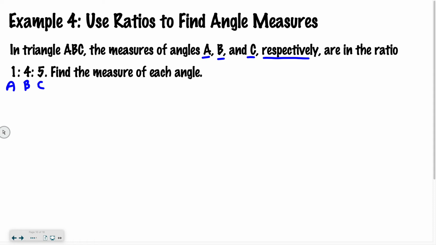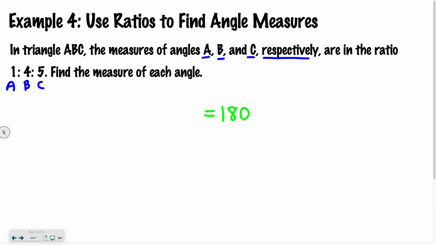Now, how on earth do we solve this? I don't really see any angle measures. I just see a 1, a 4, and a 5. But how do I do this? In order to find angle measures using ratios, we still start with the fact that it all adds up to 180 degrees in a triangle.